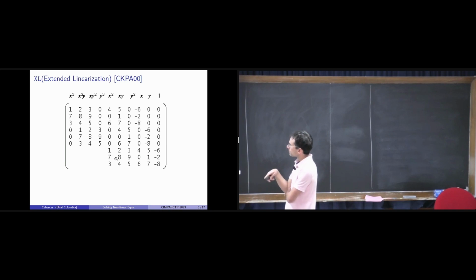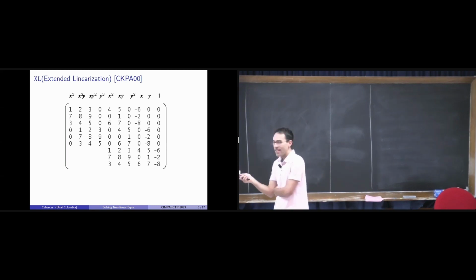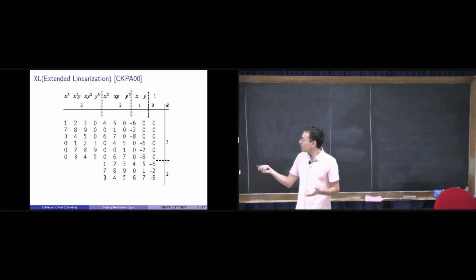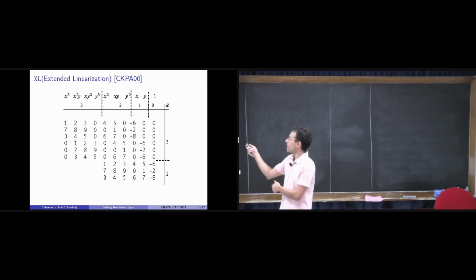Now, we can again do Gaussian elimination on this larger matrix. Notice first that I organized this by degrees. The first part is degree 3, the second part degree 2, the third part degree 1, and the same on the rows. This block down here would be a block of zeros.